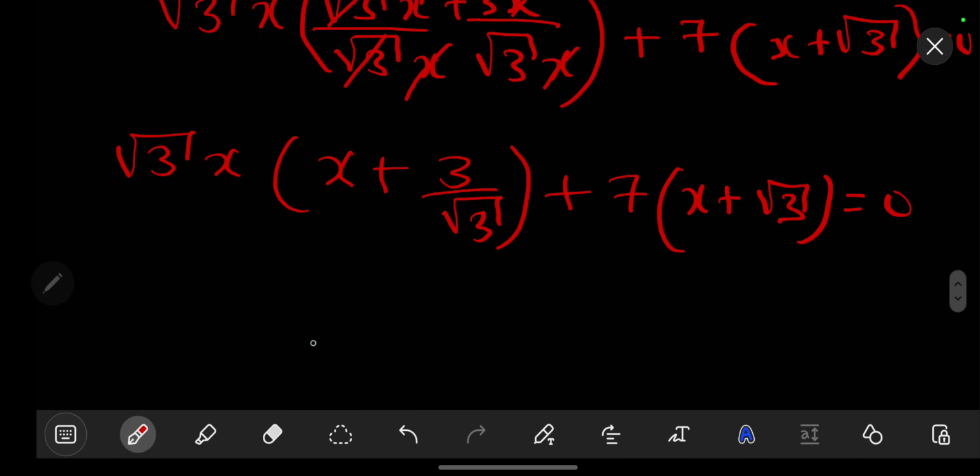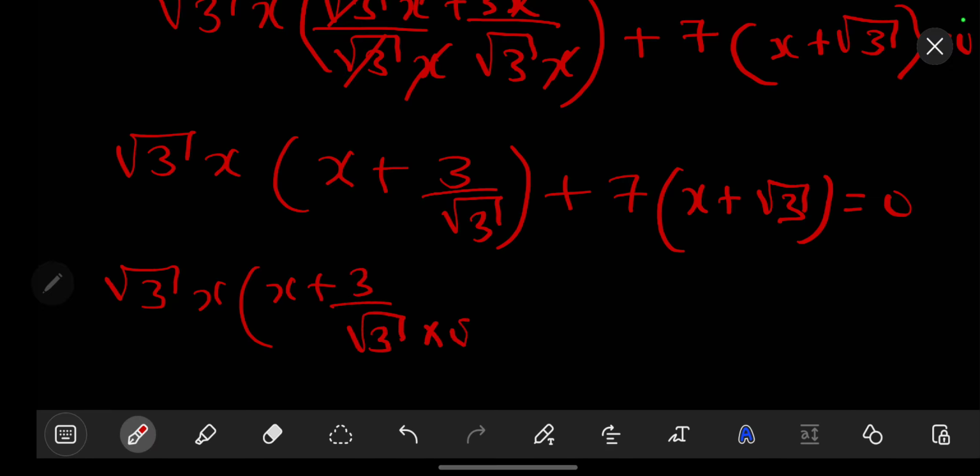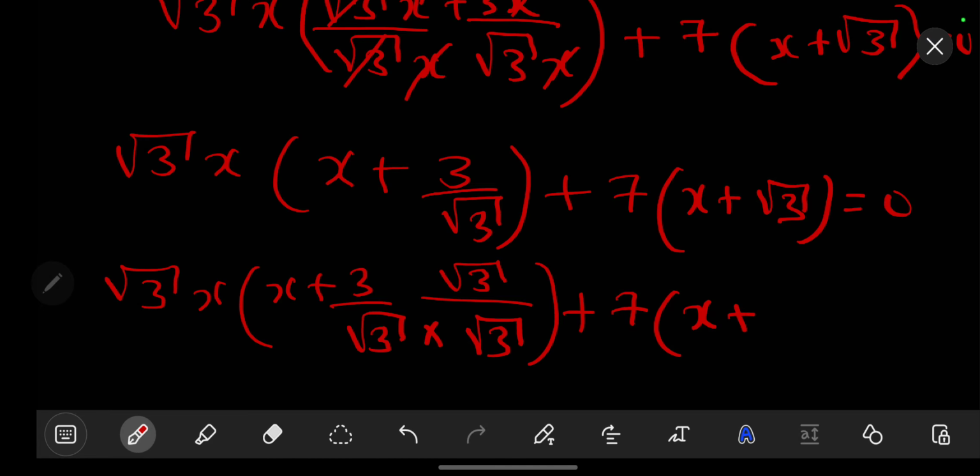After doing that, we need to make sure that the brackets are the same, so we are going to conjugate this. We have the square root of 3 x, then x plus 3 over the square root of 3, multiplied by the square root of 3, then plus 7 times x plus the square root of 3, which should be equal to 0.